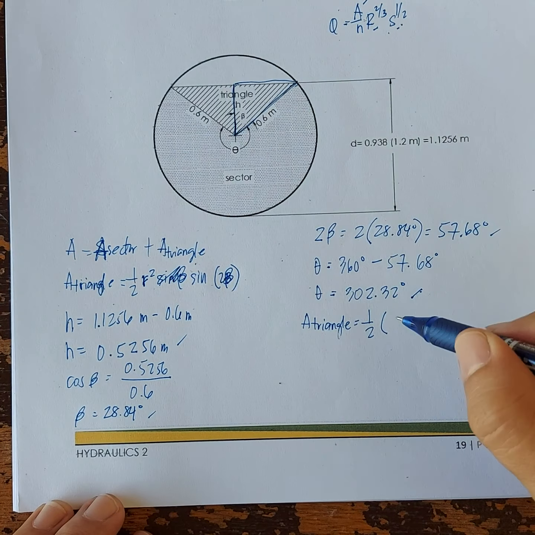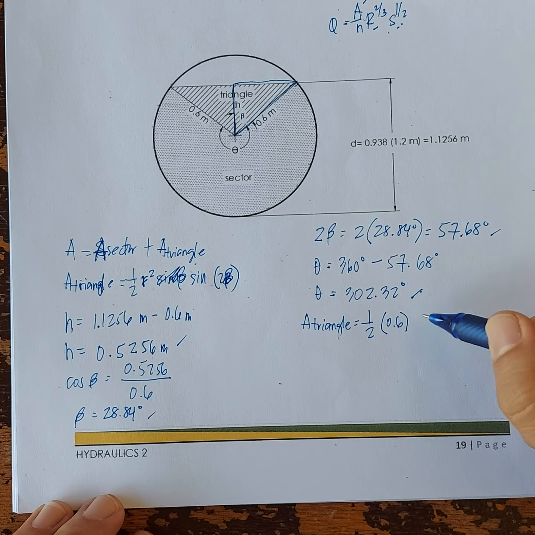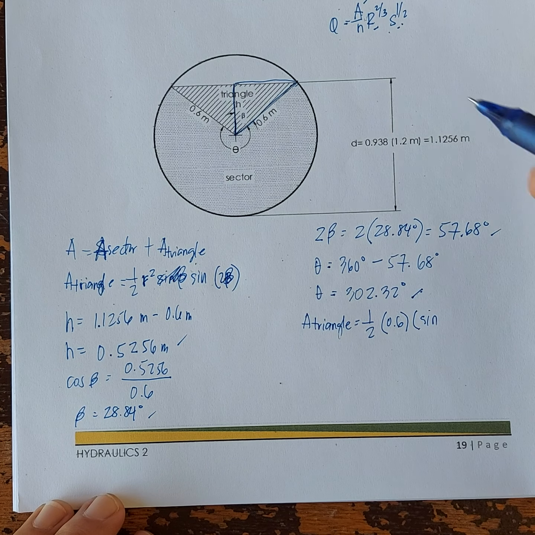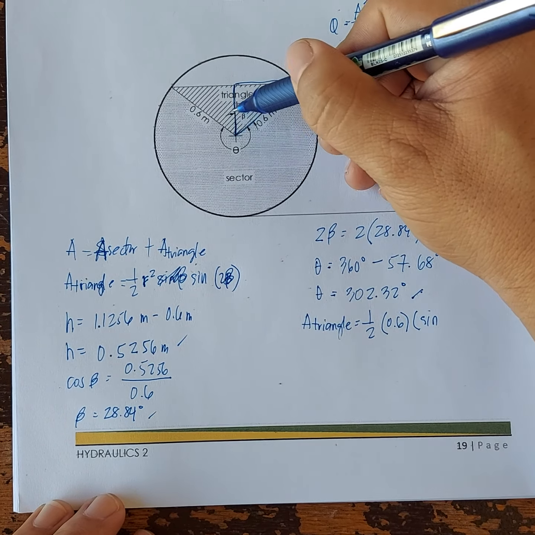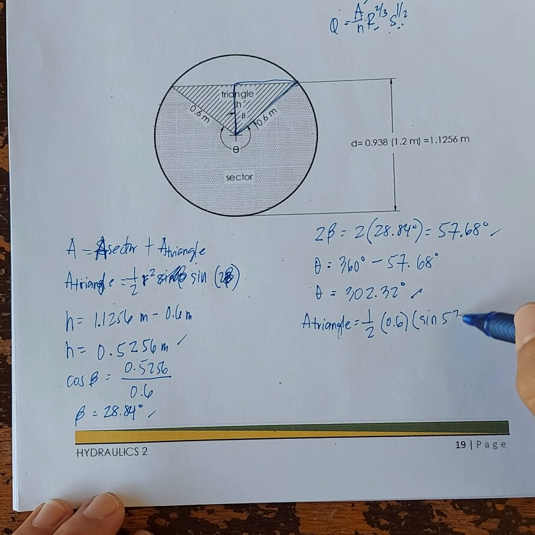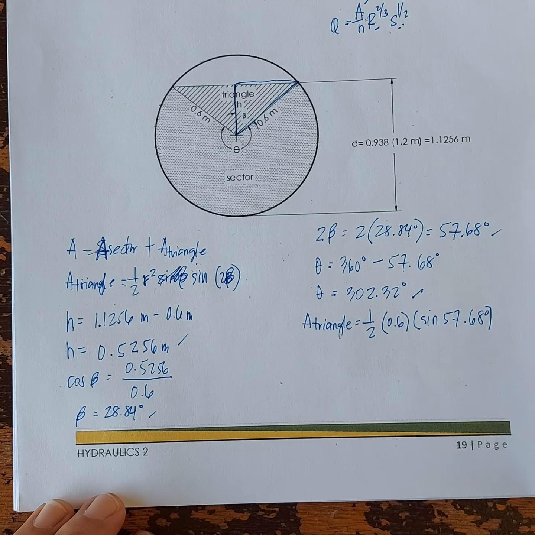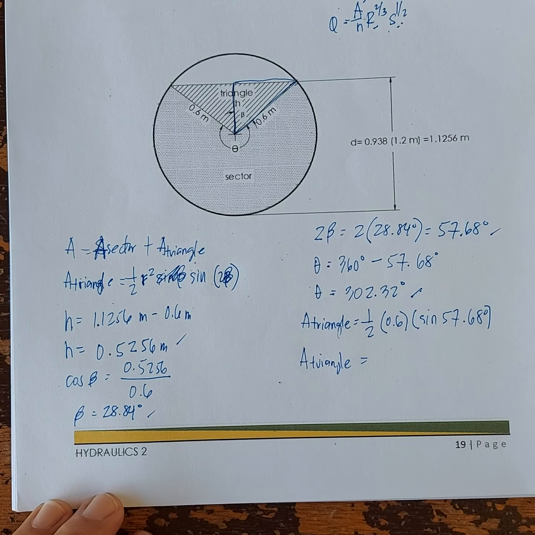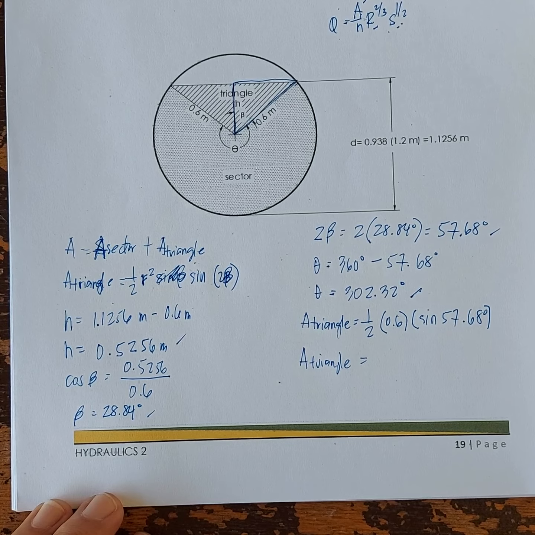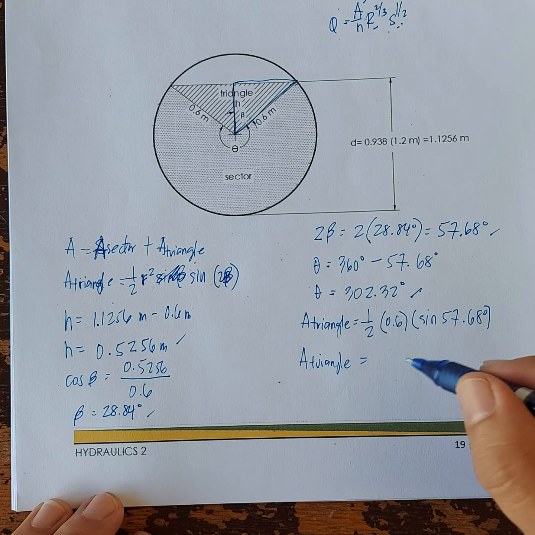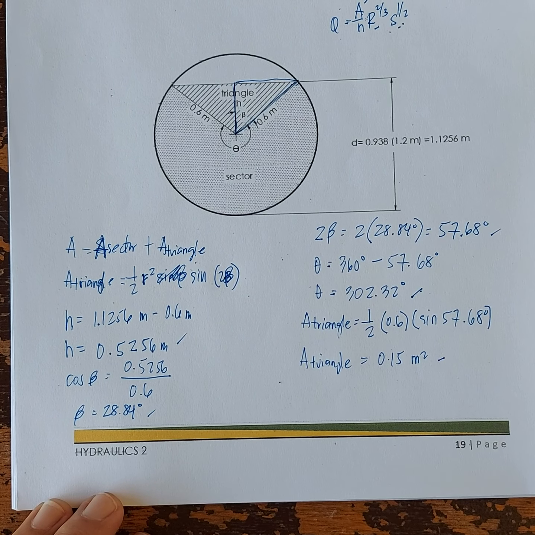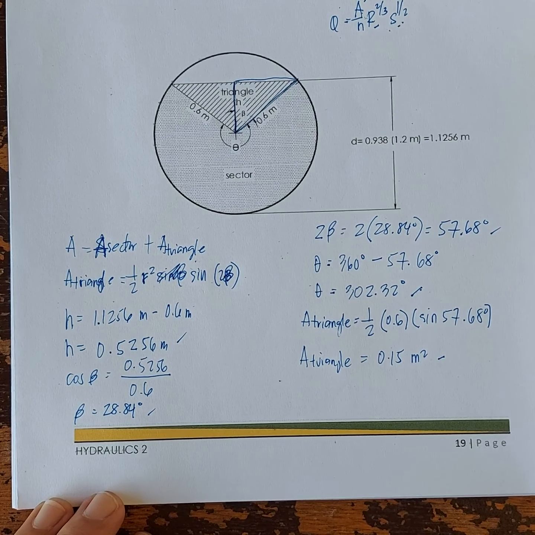So the adjacent sides is 0.6, sine of the angle twice of beta. That is 57.68 degrees. So the area of the triangle is equal to 0.15 square meters.